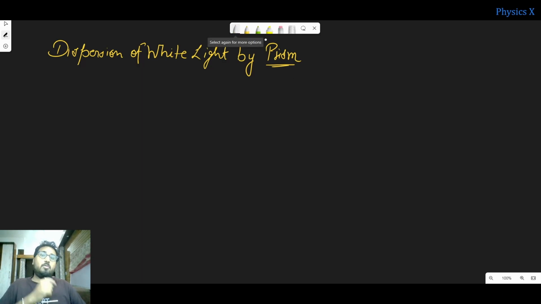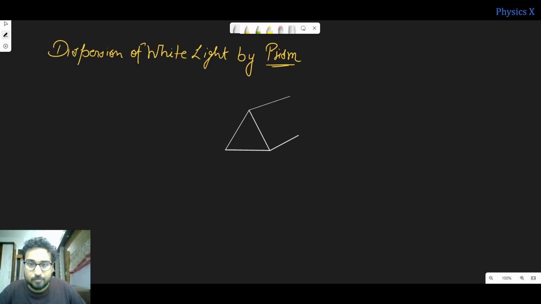Right. First of all, we need to understand what a prism is. A prism is actually a triangle shaped object in 3D space. Suppose it is shaped like this, somewhat like this.